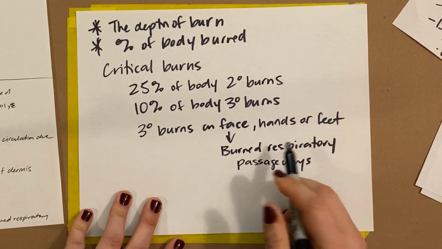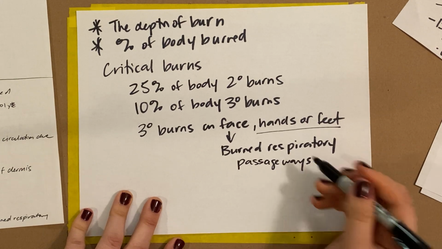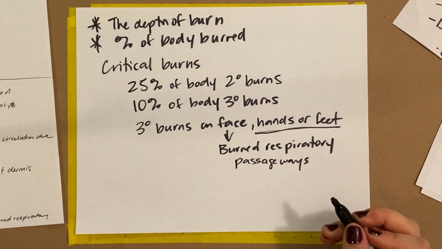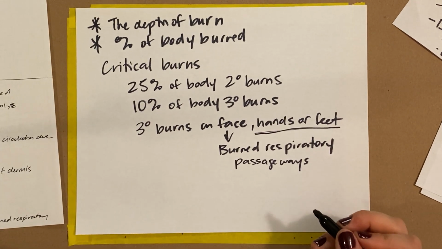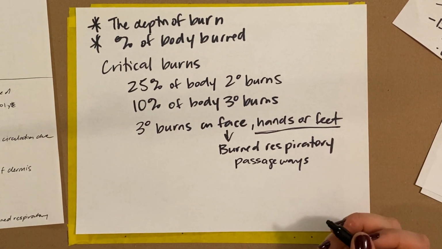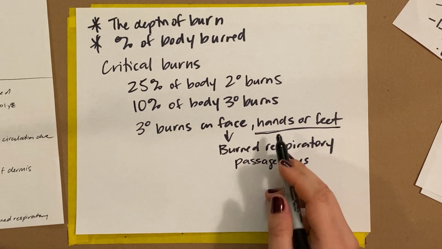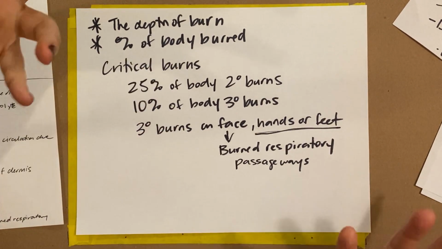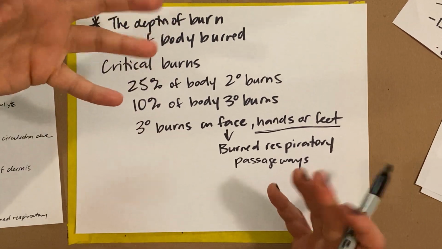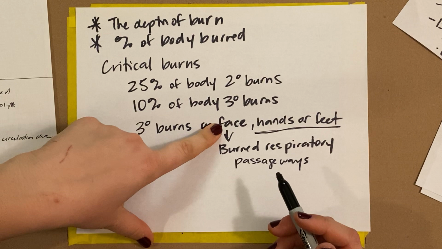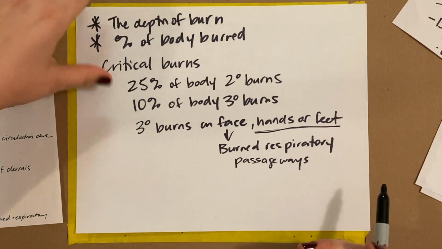And I was looking up hands and feet. The book did not go into much detail about why the hands and feet are so dangerous to have third-degree burns on. If anyone knows, maybe you could share that with us and I can share it out. I was Googling it and I couldn't really find why the hands and the feet were so critical. Other than we know that they're super important and our hands are essential for us. But I understand the face one because you're burning your respiratory passage.